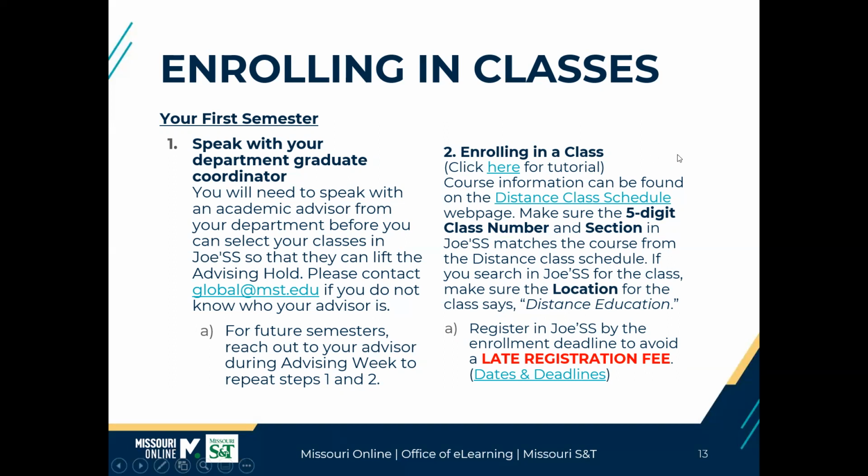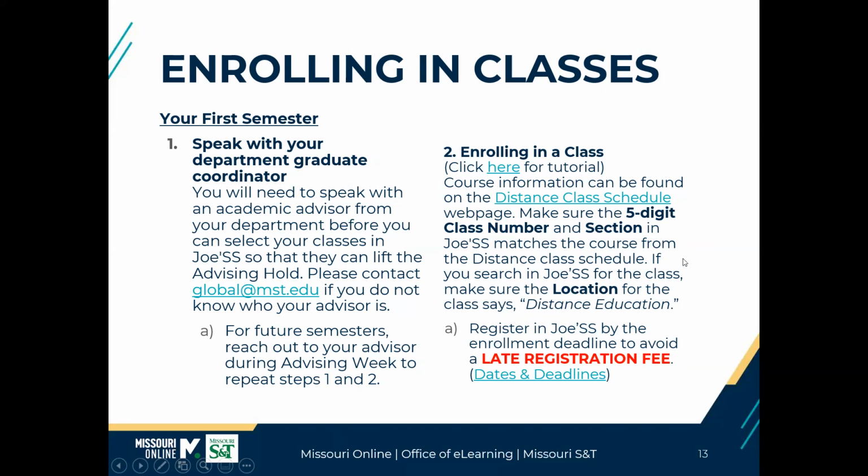So for enrolling in class, you can click here for the tutorial, and it's a YouTube video that will take you step by step. Course information, here's the distance class schedule linked again. Make sure that the 5-digit class number and the section in JOES matches the course from the distance class schedule.